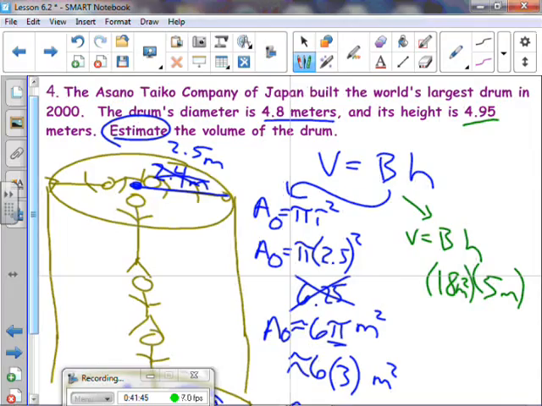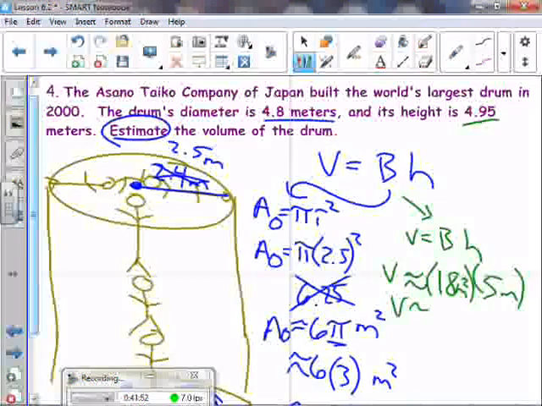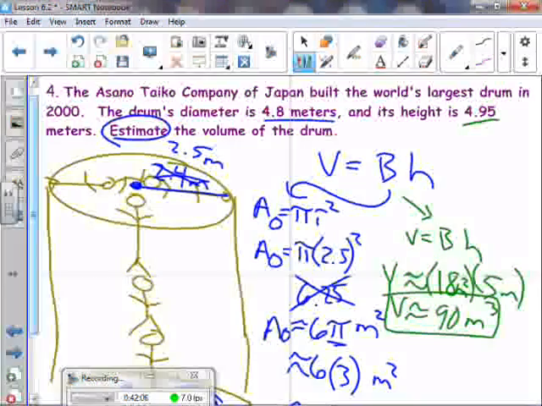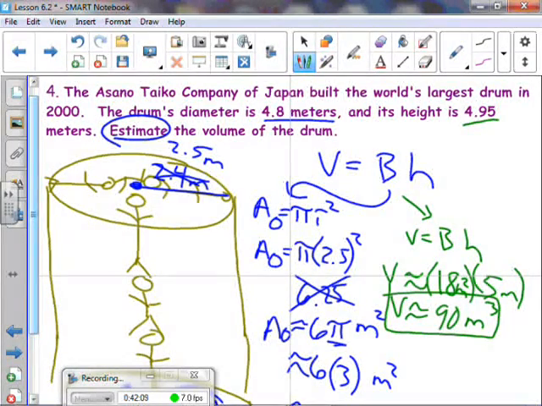So the volume is approximately equal to 18 times 5, which is going to give us about 90 meters cubed. And I will tell you right now, the exact answer was 89.6 meters cubed. So we were very, very close, and we saved ourselves some of the ugly numbers.